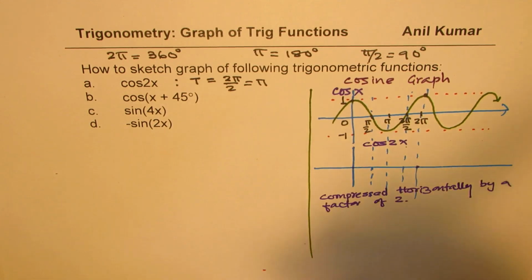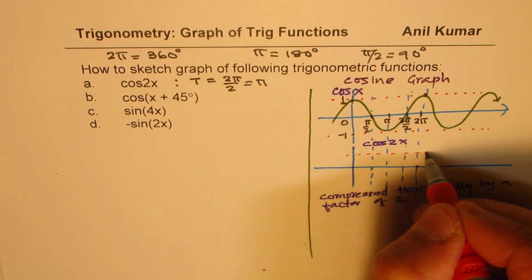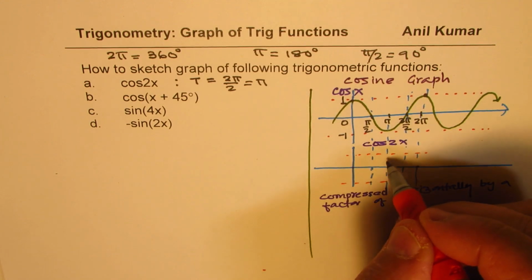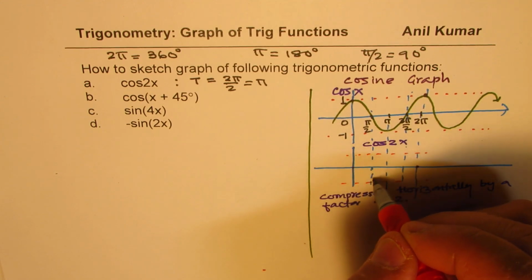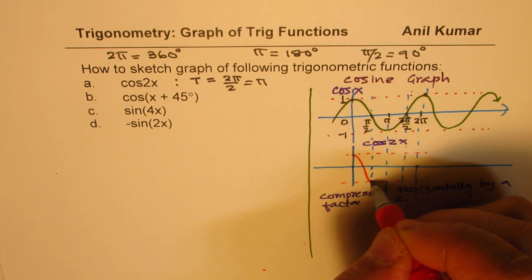So basically what you will notice here is that, let's say that is the maximum value and this is the minimum value. We'll have one wave starting from here and ending at this place. So we have one wave starting from there and ending there.